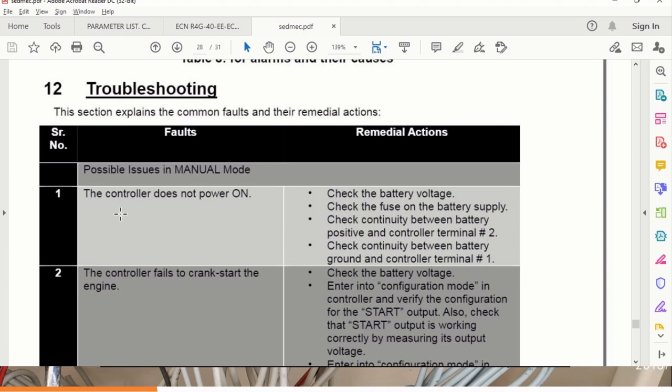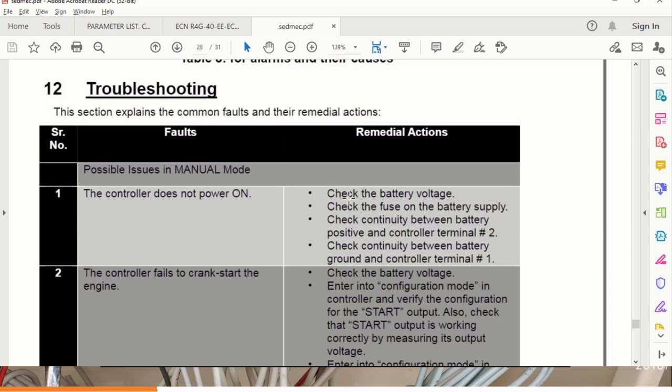So problem 1 mentioned here is that the controller does not power on. The controller operates on 12 volts DC, and if the controller is not powered on, it will not start the DG set in auto mode. In that case, there is always a glass fuse given in the DC circuit. We have to check the glass fuse, and then we have to check the DG battery voltage also.